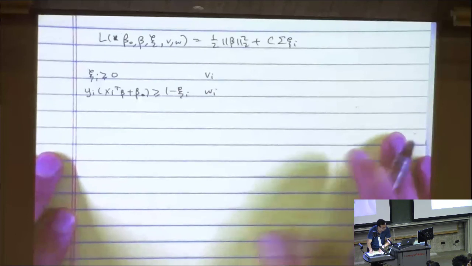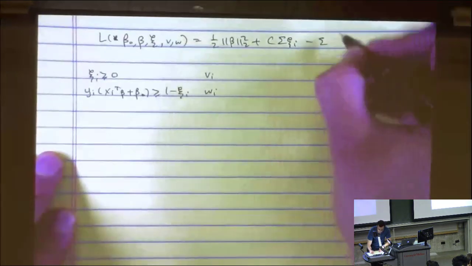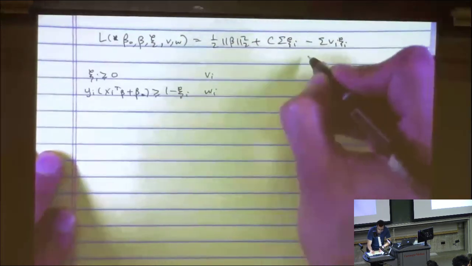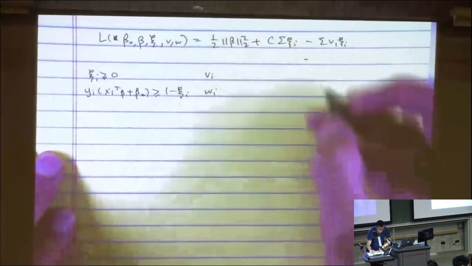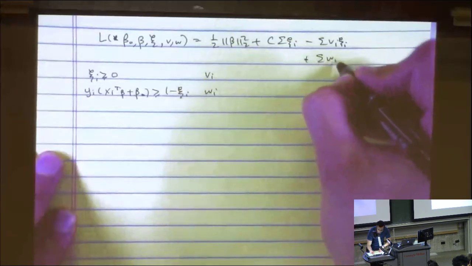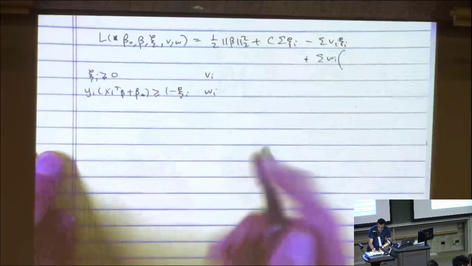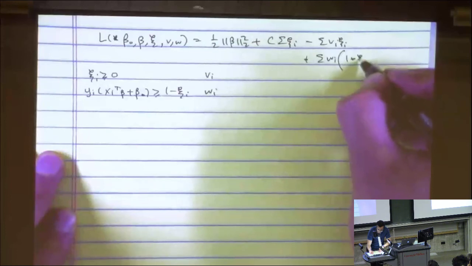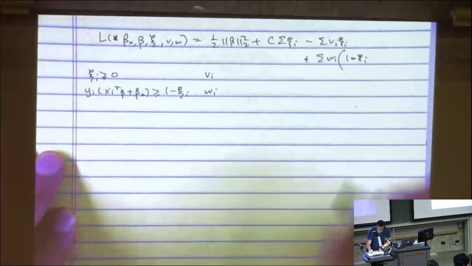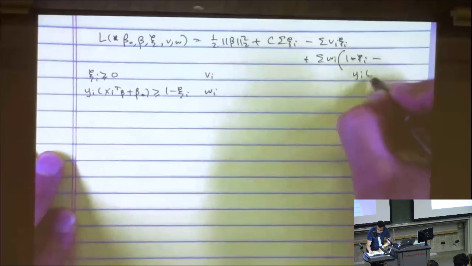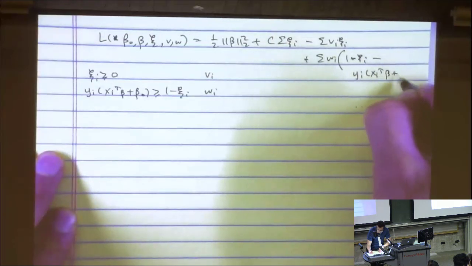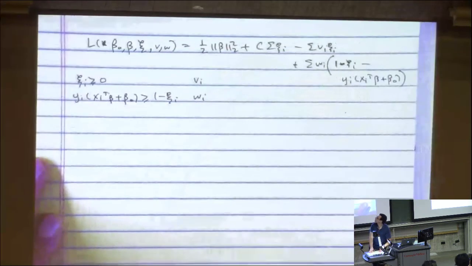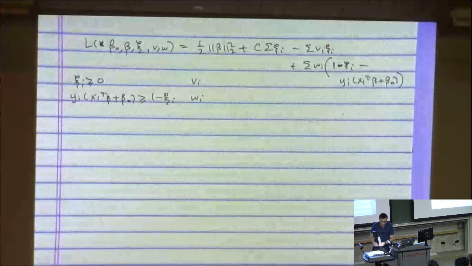I'm going to subtract off the sum of these vi times ci, and I'm going to add wi times, rearranging all this so that it is something less than or equal to 0, which you'll see is 1 minus ci minus yi times xi transpose beta plus beta 0. That's the Lagrangian.